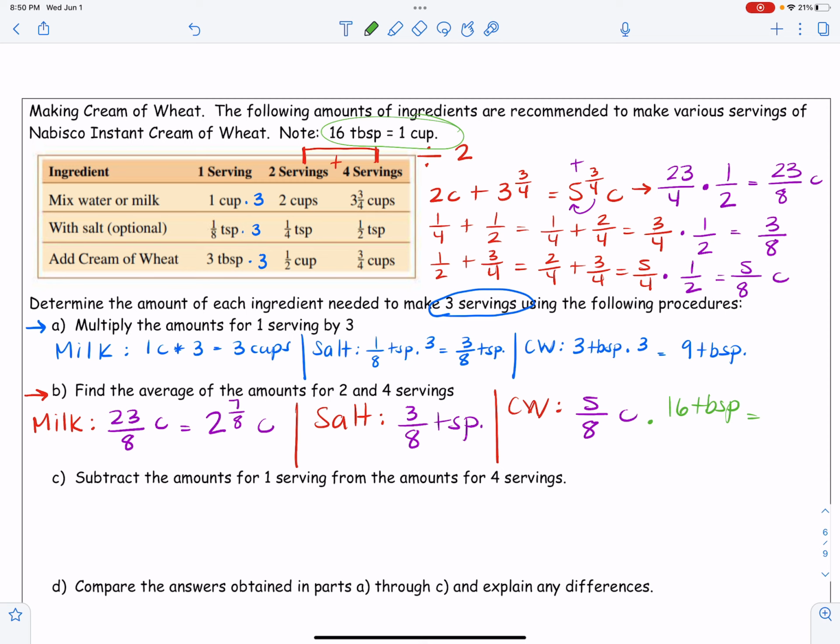So 5 times 16 divided by 8 tells you this would be 10 tablespoons. And again, a slight difference from what we got in part A. We got 9 tablespoons when we took 1 serving multiplied by 3. We're getting 10 tablespoons when we average 2 and 4.